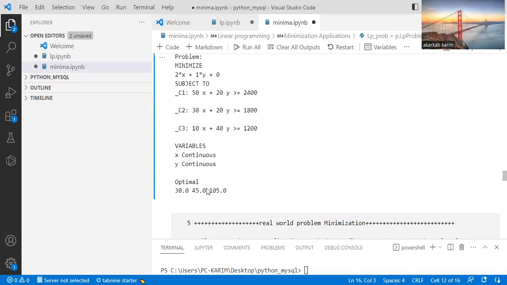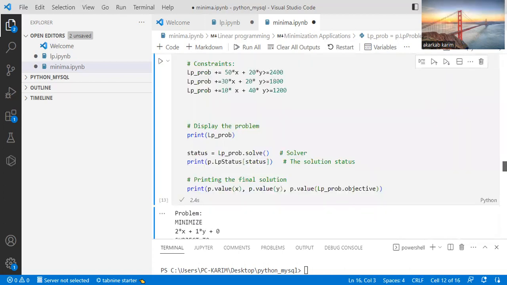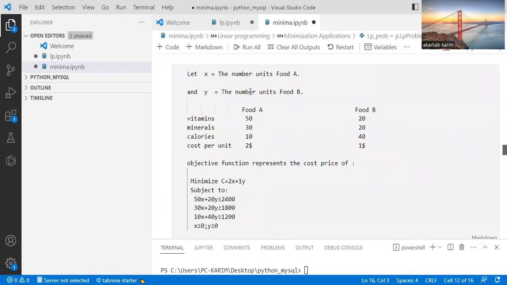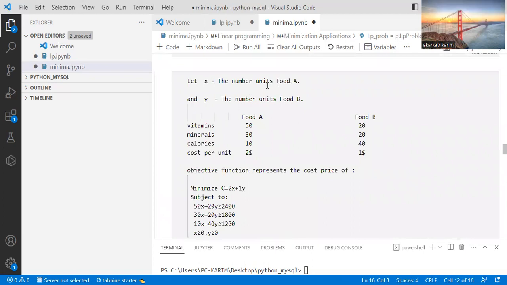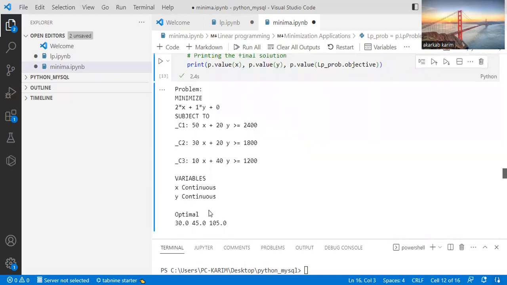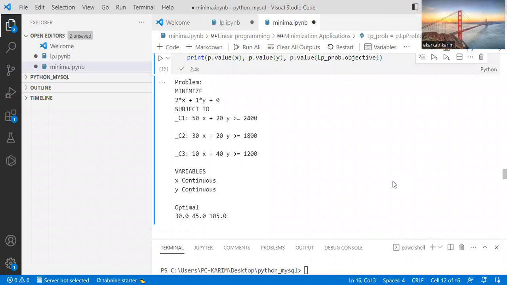The minimal cost is 105 when I eat 30 units of food A and 45 units of food B. So we should eat 30 units of food A and 45 units of food B to have this minimum cost of 105. I hope that's clear for you.